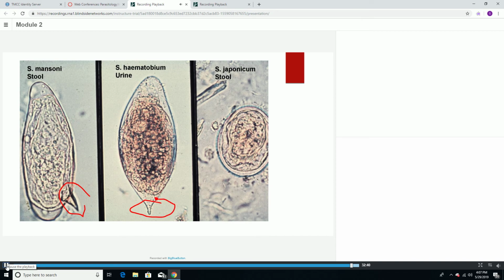And then we have Schistosoma japonicum. This one also could have a lateral spine, but it's a little bit harder to see, and you can see in this slide that it's not very present here. But again, it's important to know that you could either get a stool sample or a urine sample depending on what species you have.